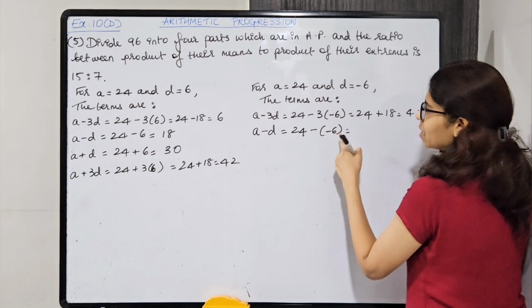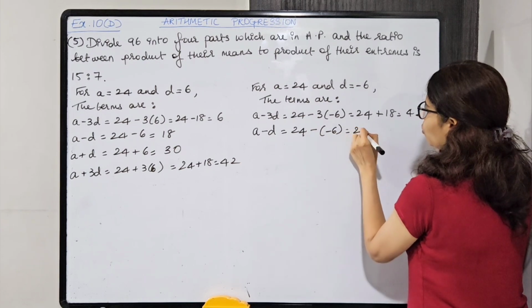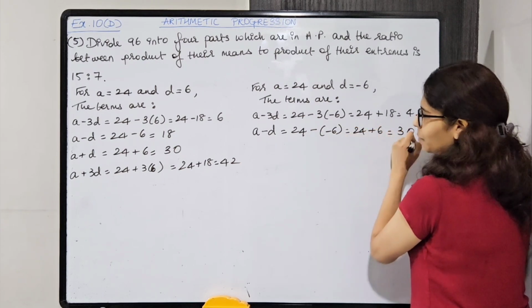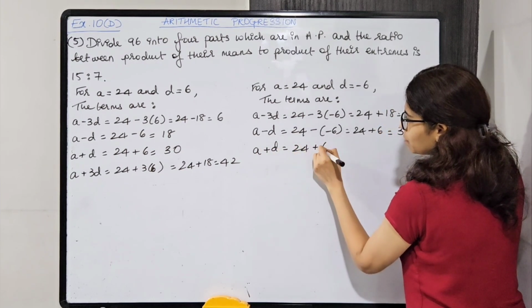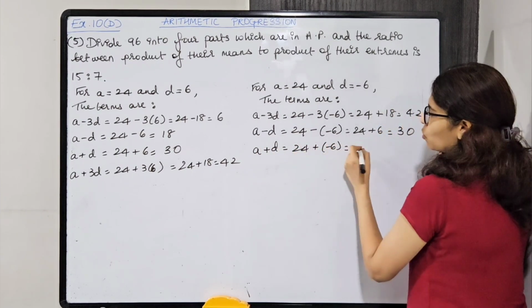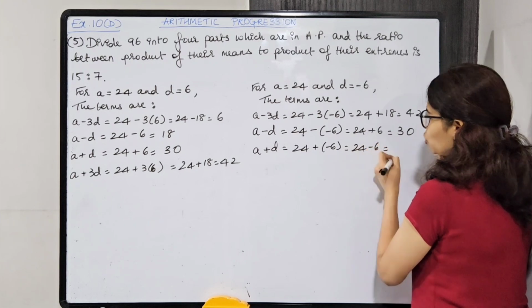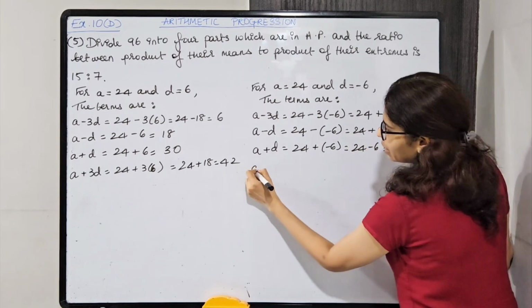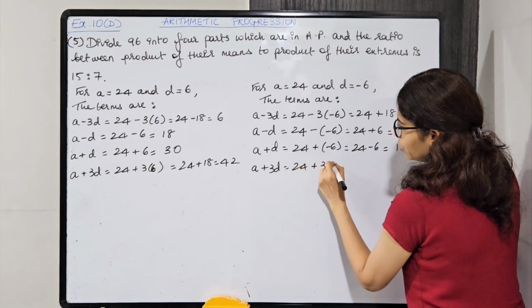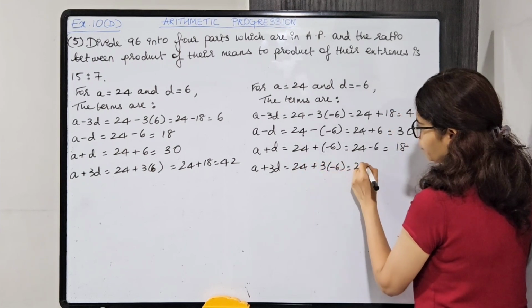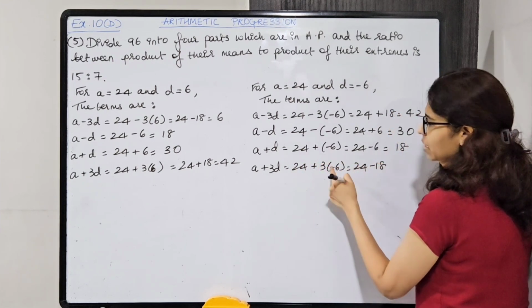So minus minus plus हो जाएगा, 24 plus 6 that will give 30. A plus d will be 24 plus minus 6. So 24 minus 6 हो जाएगा, that will give 18, and a plus 3d will be 24 plus 3 into minus 6. 24 minus 18 plus into minus minus.